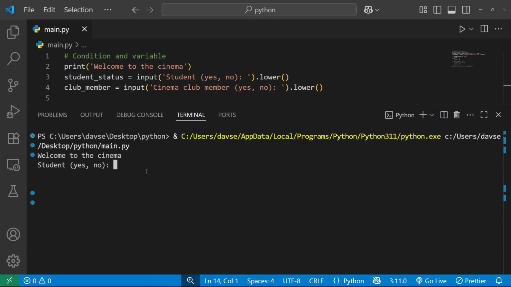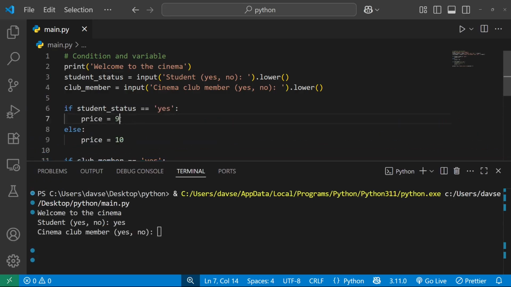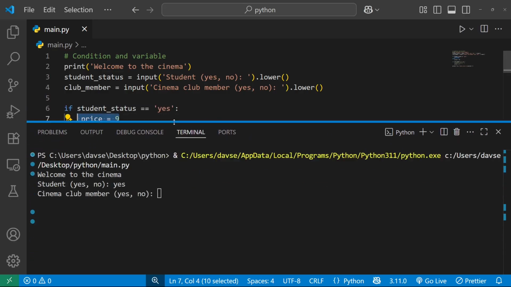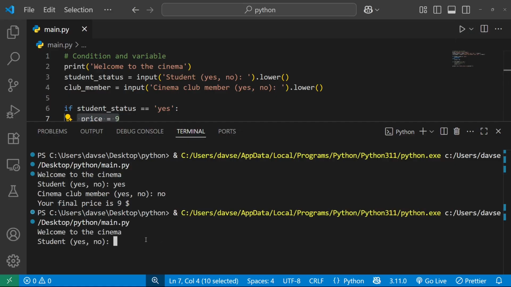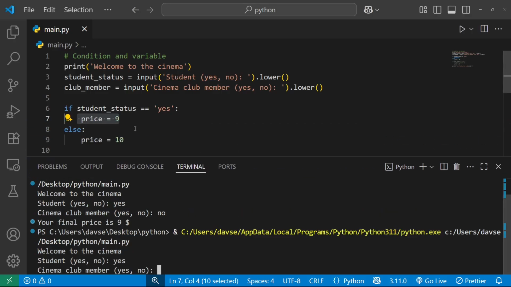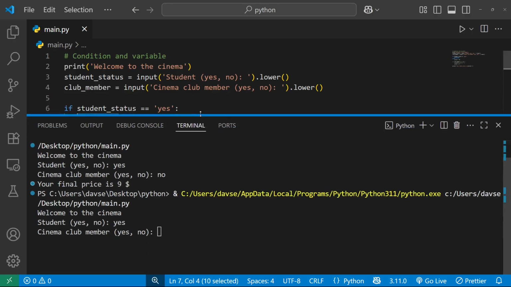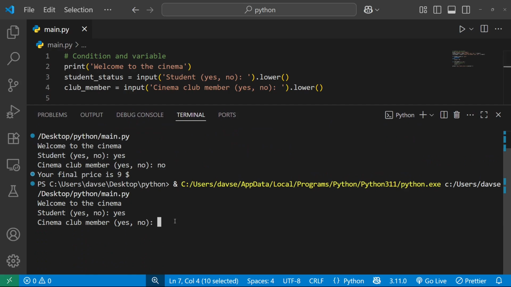Student, I will put yes, so my price now is $9, and cinema club I put no, your final price is $9. It seems good. If you are a student, you put yes, so the price is 9, and cinema club member I put yes, and the final price is 7.